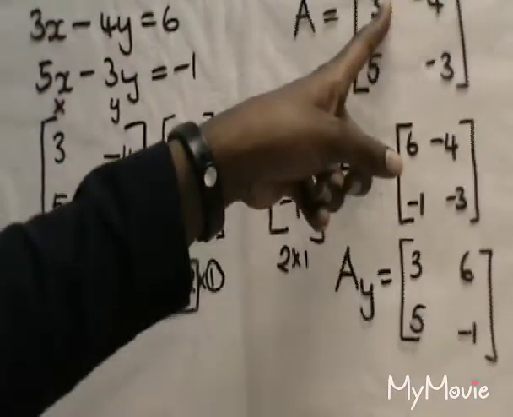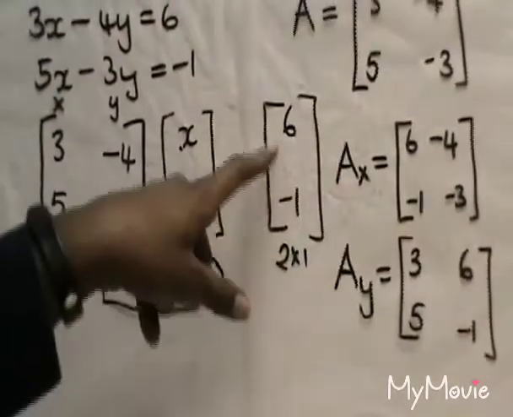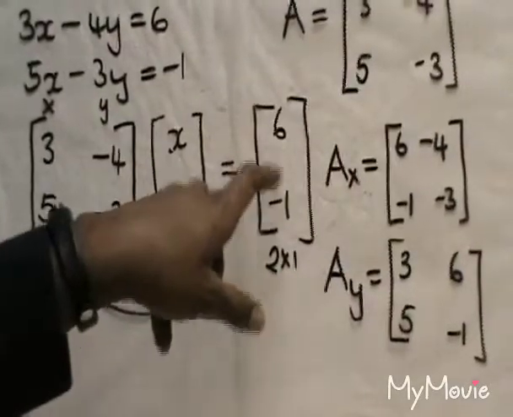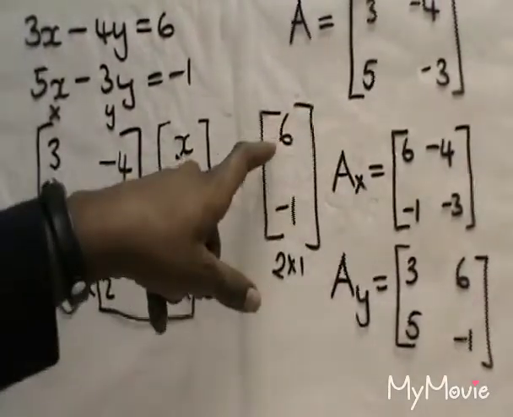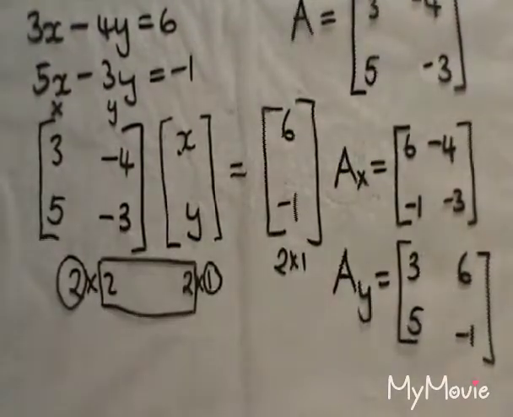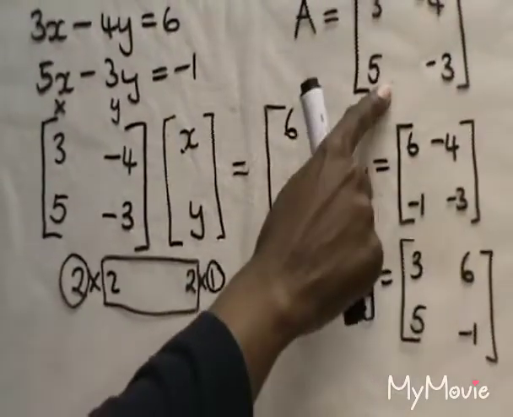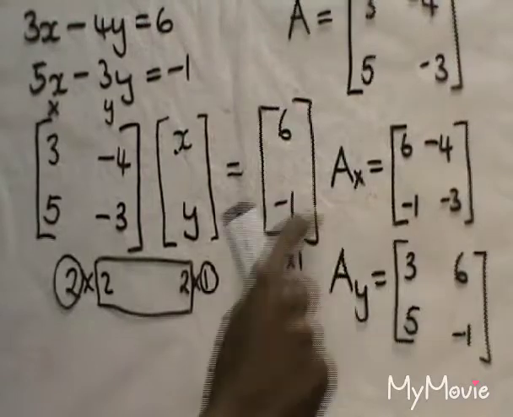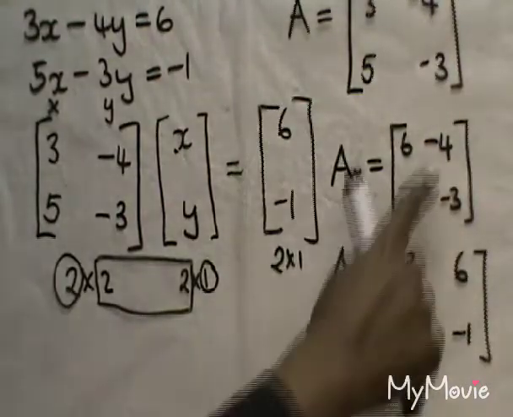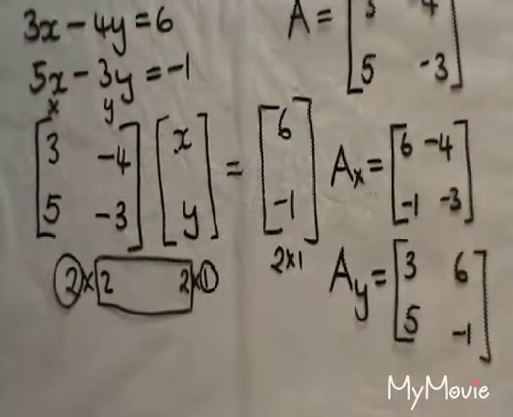I take the column with x values and I replace them with the values from the solution matrix. So here there was supposed to be 3, so you can see over there, but I have 6. Supposed to have 5 here, but I have 1, so I've just replaced them. The y stays the same because I replace one variable column at a time.